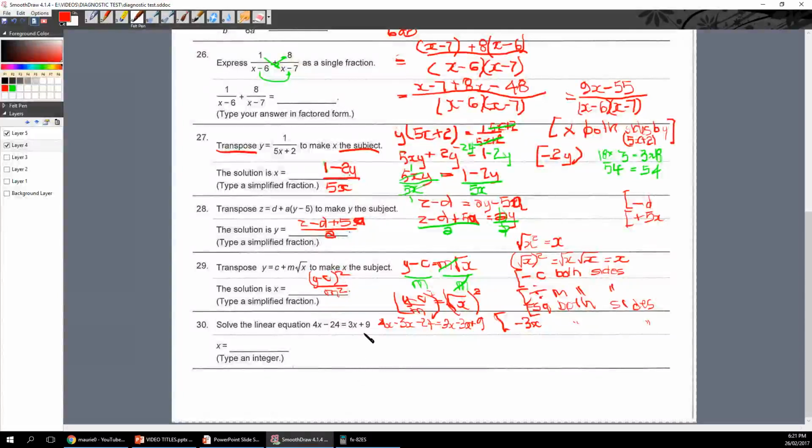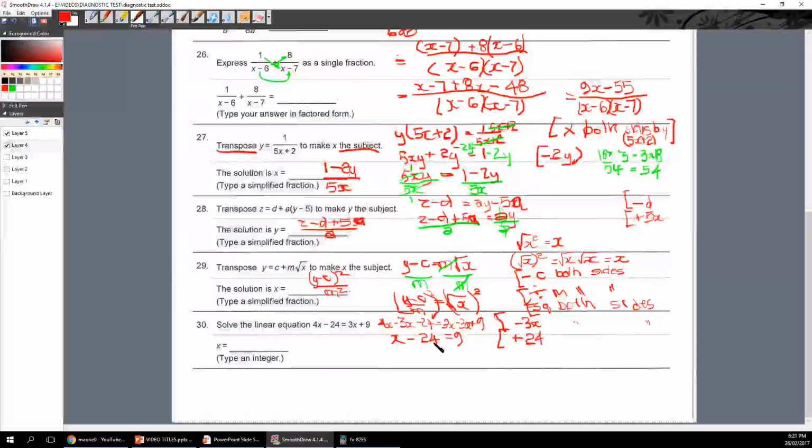So now what we get there is 4x minus 3x is x, minus 24 equals 9. Now I'm going to add 24 to both sides.